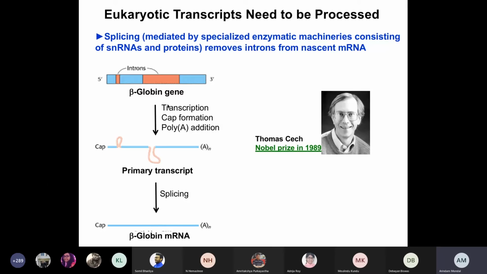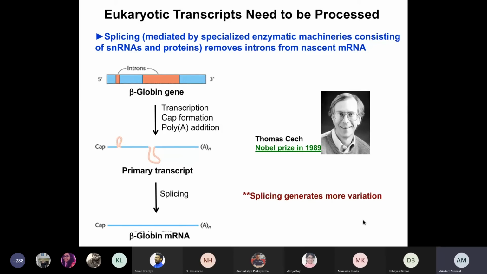You will not find any introns in the prokaryotes. But why do we have introns? Okay, the answer is this: the inclusion of introns within your gene introduces more variation into your gene product.